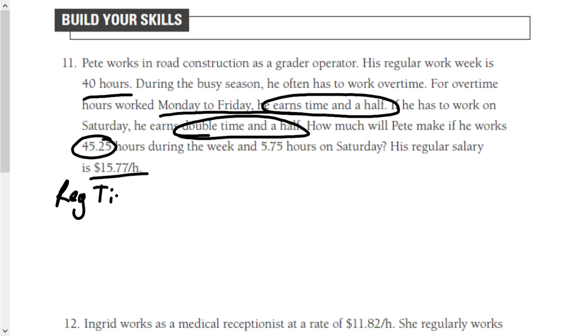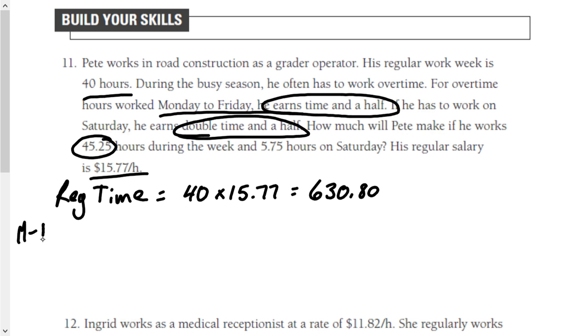Reg time is equal to 40 times 15.77 to give us 630.80. Monday to Friday overtime is equal to 5.25 times OT pay, here is 15.77 times 1.5.